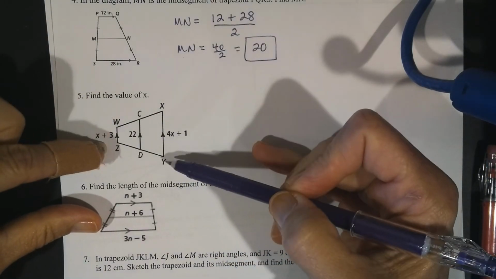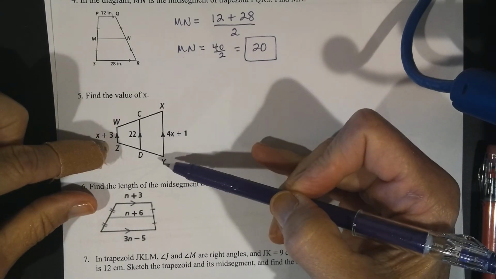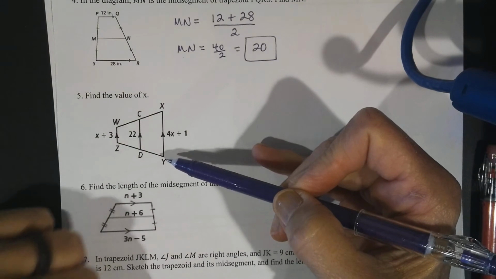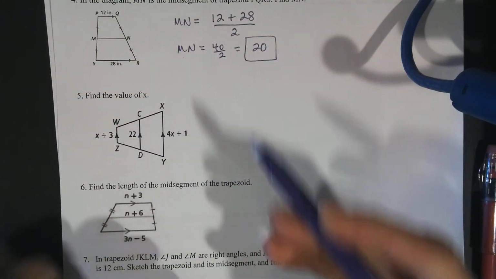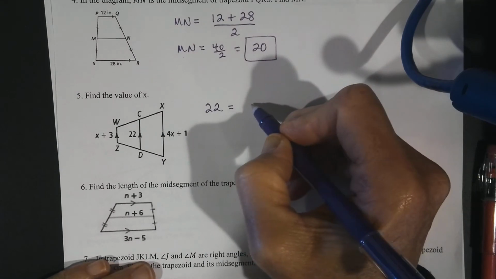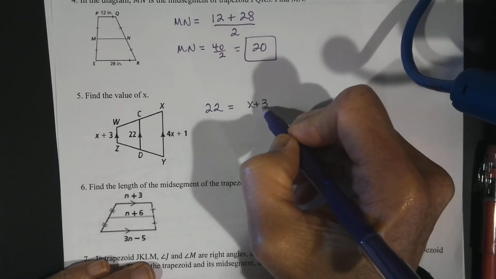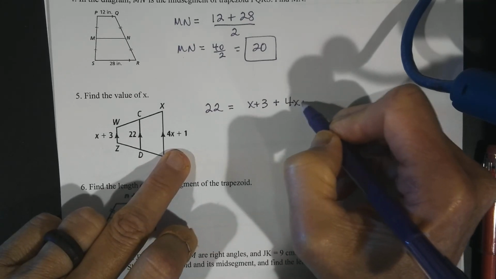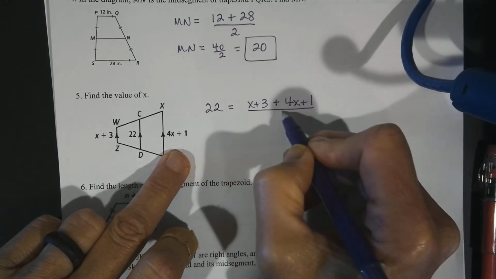These two are the bases because they are the parallel ones. So these two bases added together divided by 2 is the answer of 22. So we're going to write that equation: 22 is equal to the top base plus the bottom base, all divided by 2.